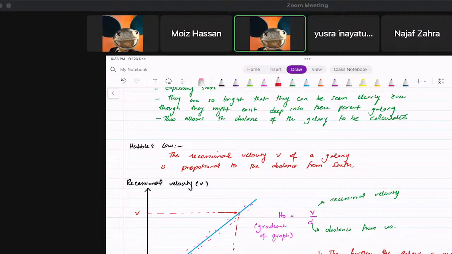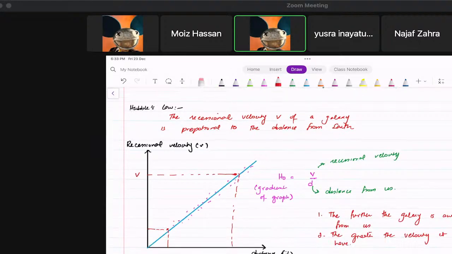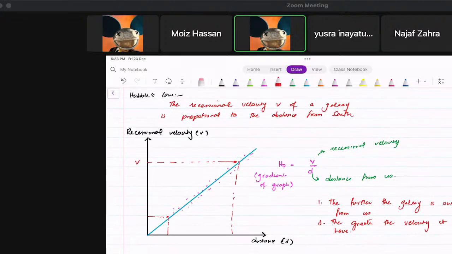Now, thanks to Hubble, we are able to calculate the age of the universe. All right, and you just need to remember this, the age of the universe. Please note here.